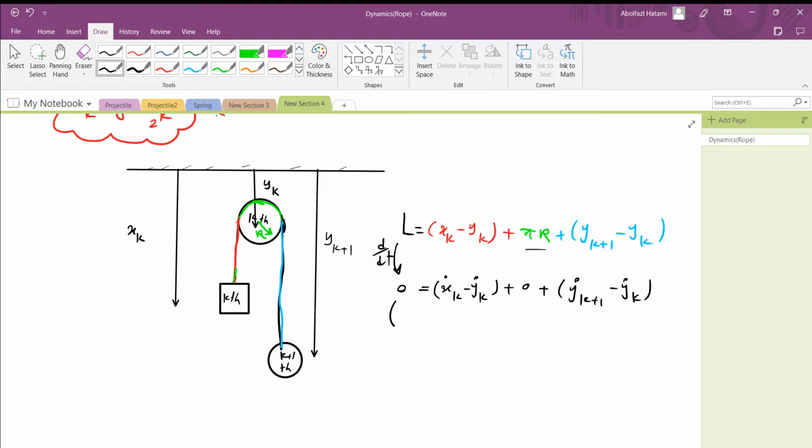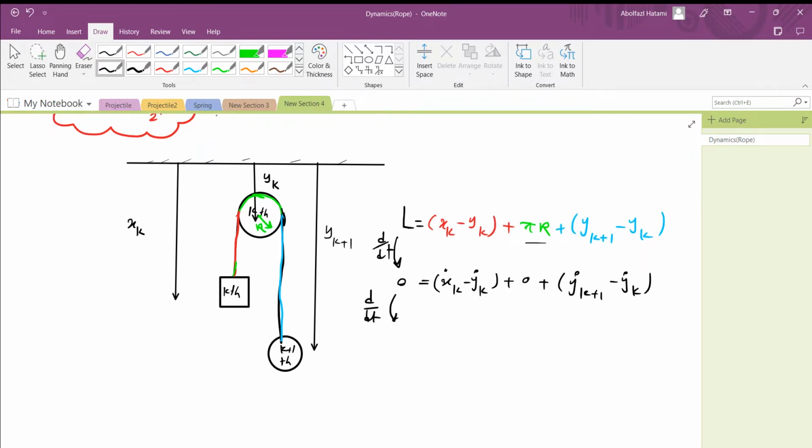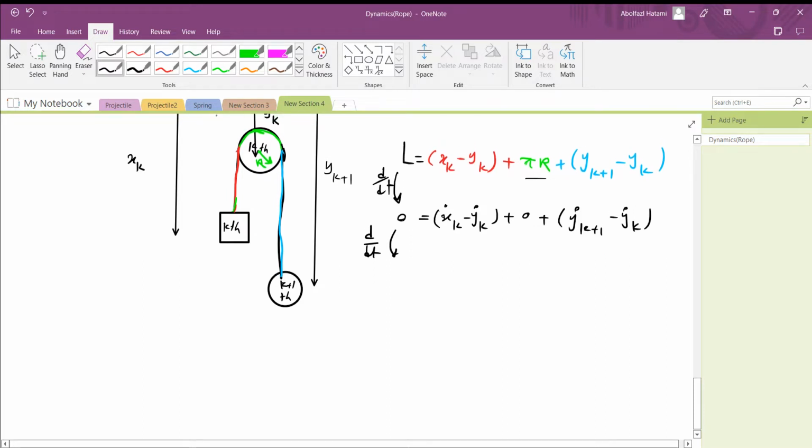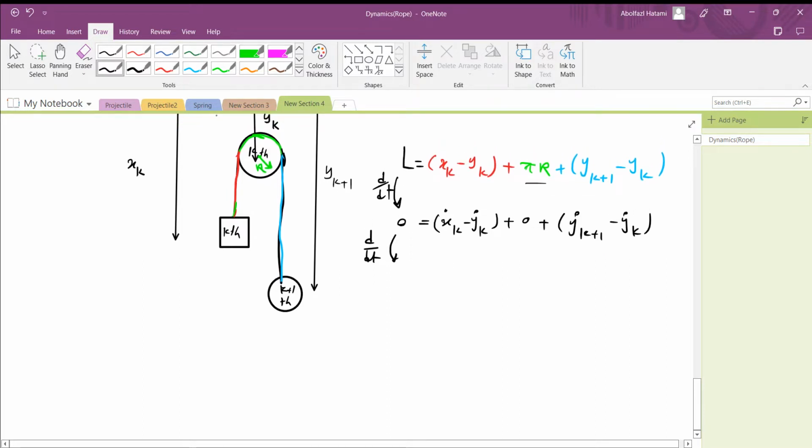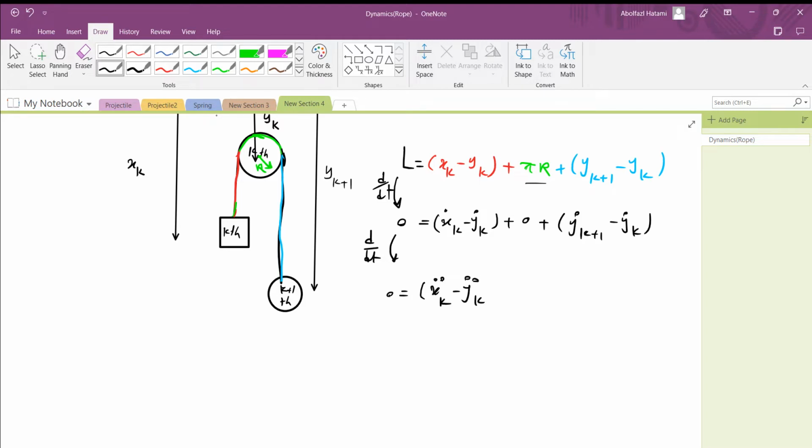Taking another derivative for extracting the accelerations, we obtain that 0 is equal to x double dot of k minus y double dot of k plus y double dot k plus 1 minus y double dot k.